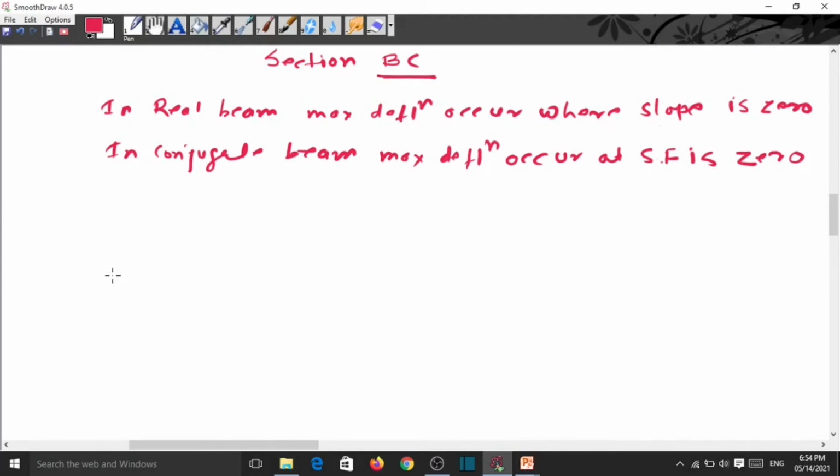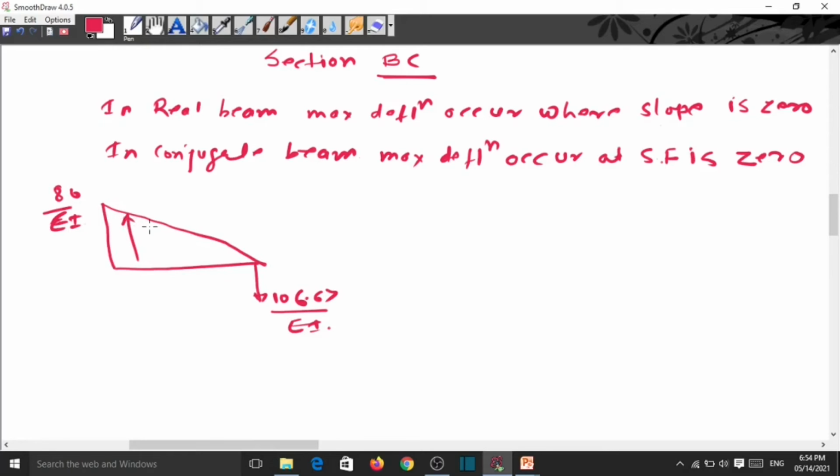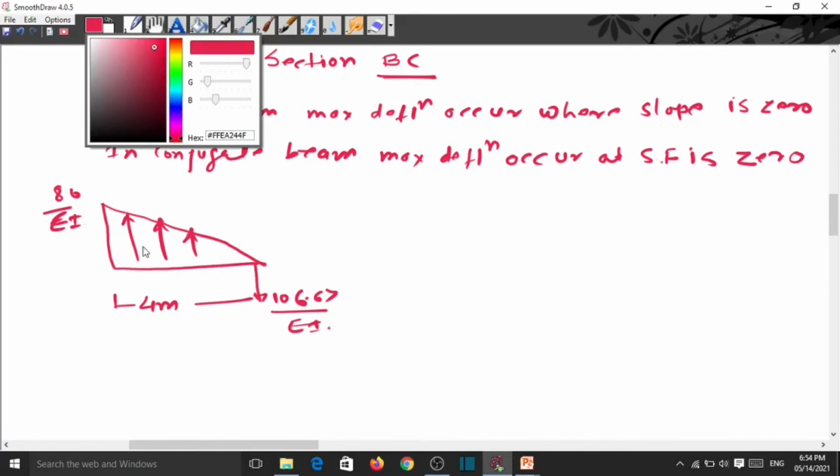Now here we draw the free-body diagram of this. This is 106.67 divided by EI. This height is 80 by EI, and this loading is upward, and this span is 4 meter. We have to find the shear force at any distance x.